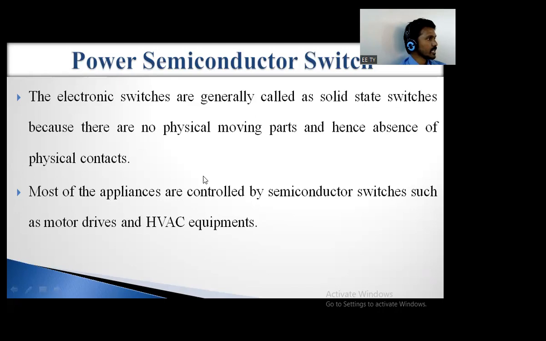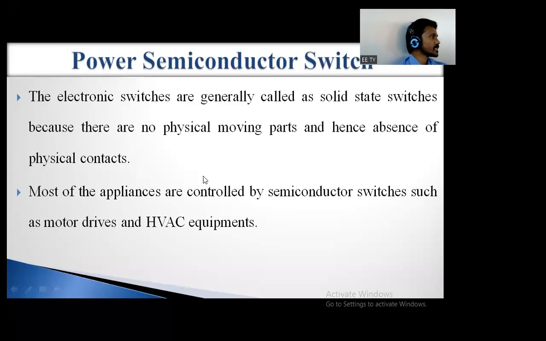We have these three methods to control the speed of DC motors. Is it right? And one more method is there, that is the solid state control technique. Solid state control technique is nothing but the technique designed by using the power semiconductor devices. That technique or method can be called a solid state control technique. That's why I'm highlighting this point here.